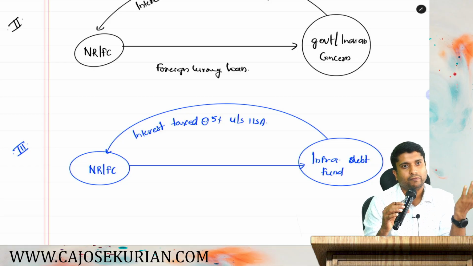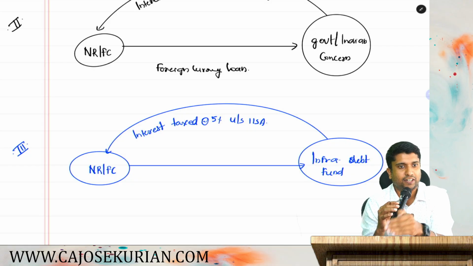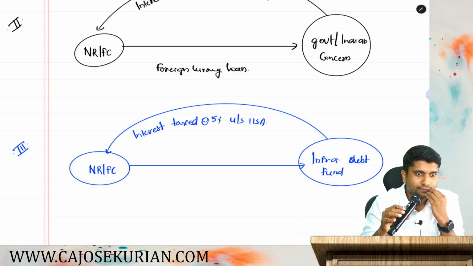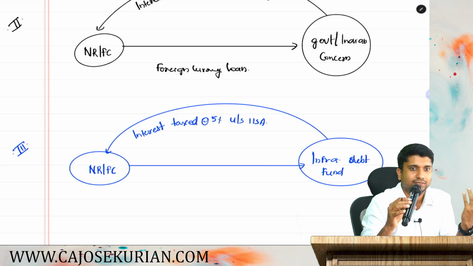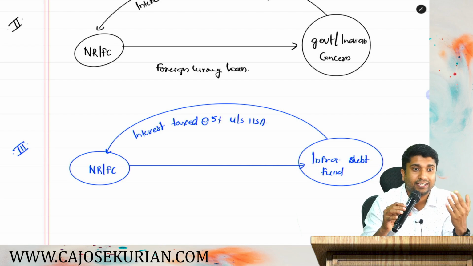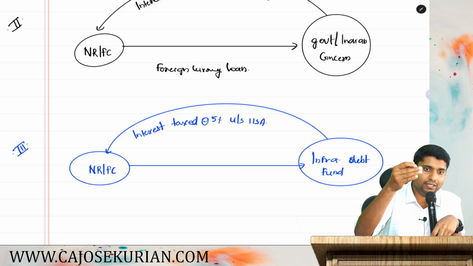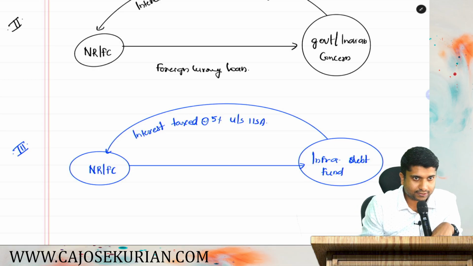So people will come and invest in infrastructure debt fund, and we will get more funds to develop our basic infra, so that we can construct our basic infra. That is the very idea of giving a concessional rate of tax for these interests. Are you with me?